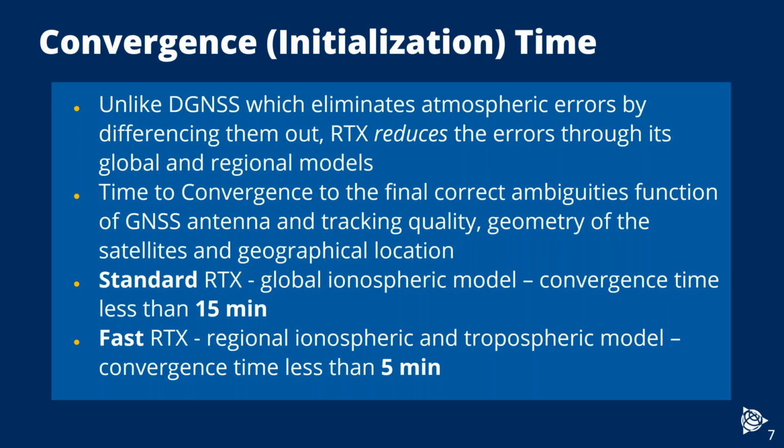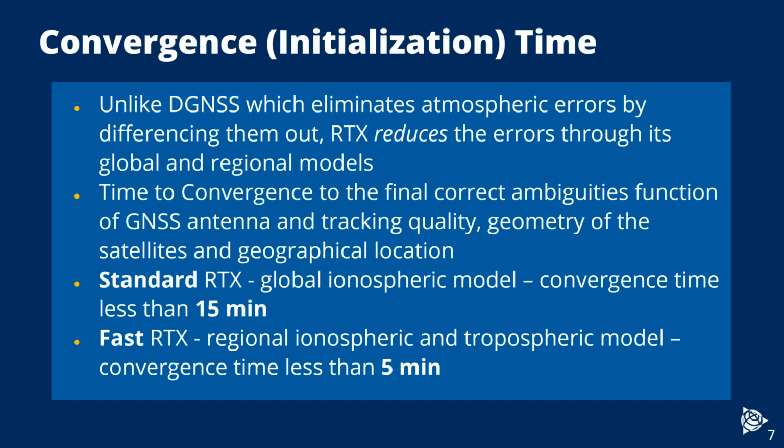Convergence times. RTX is different from other differential GNSS methods in that it does not difference out atmospheric errors. Rather, these errors are reduced using Trimble's atmospheric models for the entire globe, along with more regionally calibrated models. The convergence time is a function of a few key things.